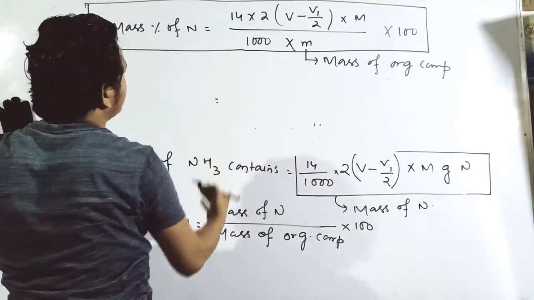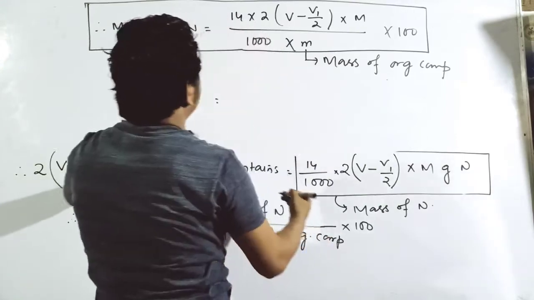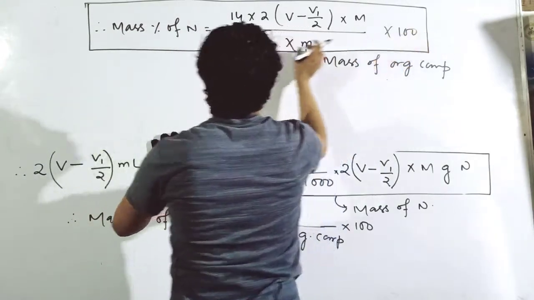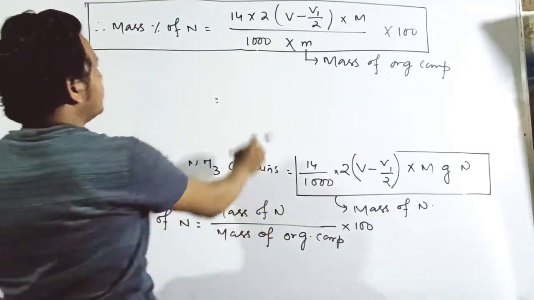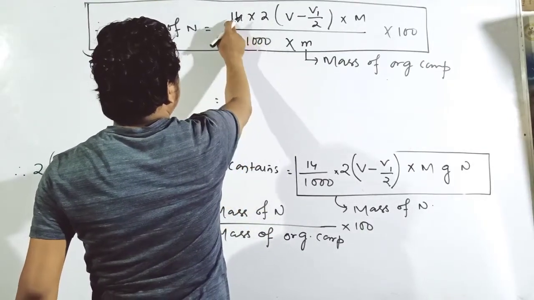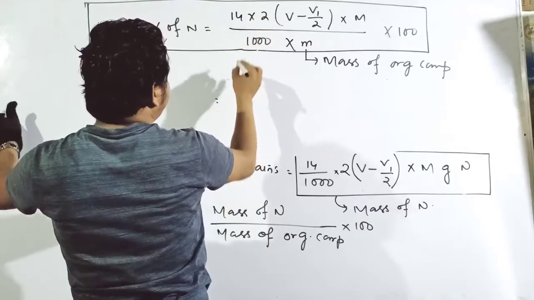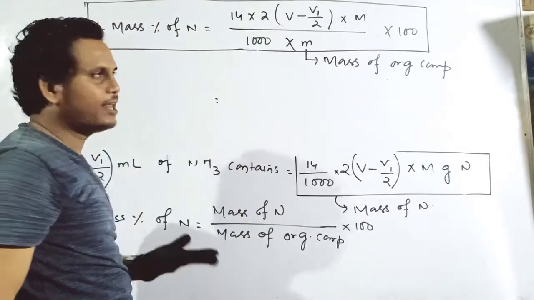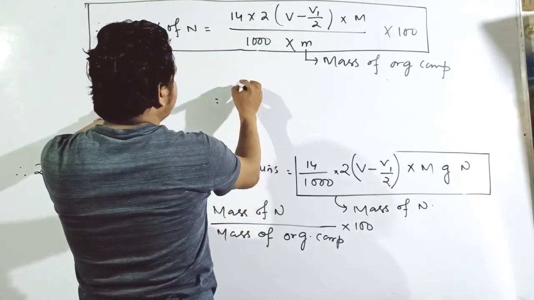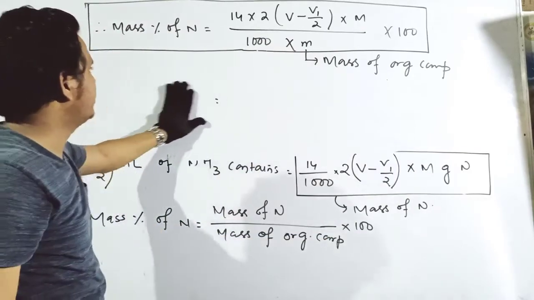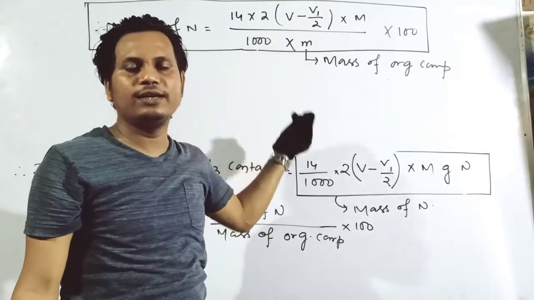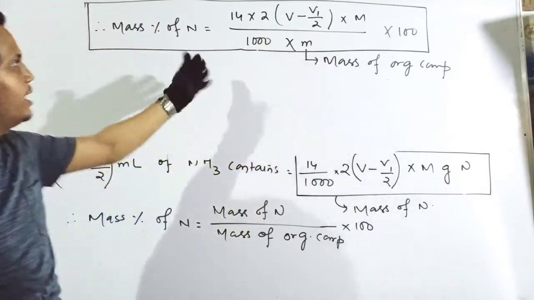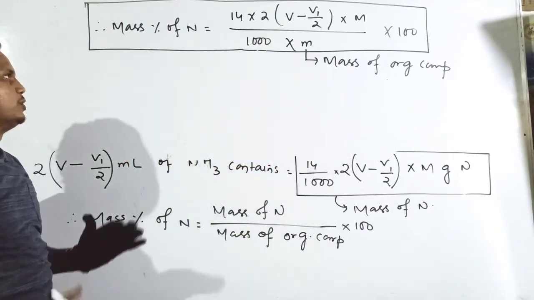That will be equal to how much? So this 20 cancels. After cancellation 10 remaining, and 14 into 28, 28 by 10. You can leave it as it is, or you can simplify it.